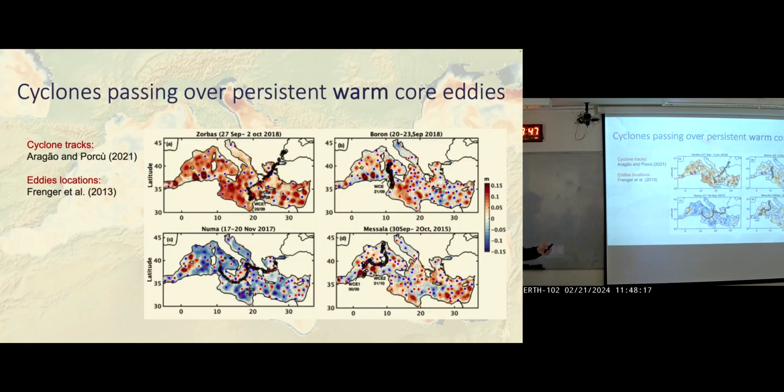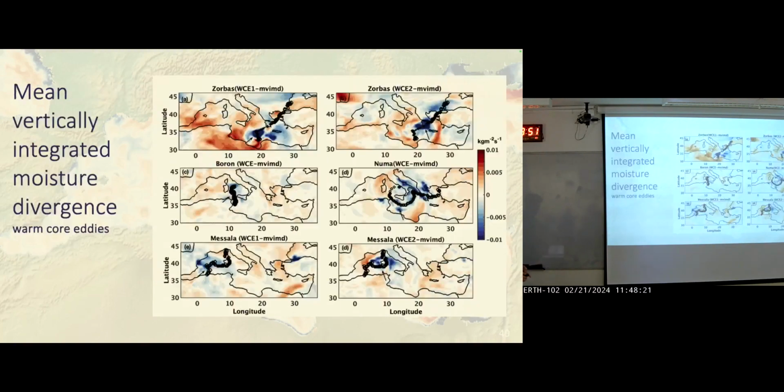Here I'm showing 4 specific cases that we looked at. One specific diagnostic is the mean vertically integrated moisture divergence, how much divergence of moisture we had on the day when the storm passes over the eddy. In this case, we see quite clear convergence above the eddies.